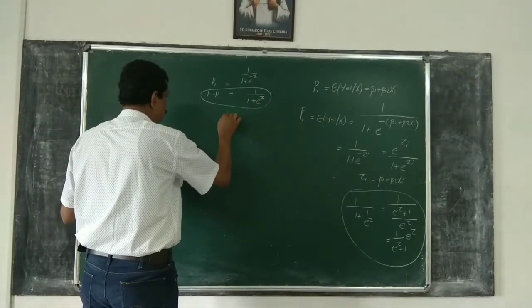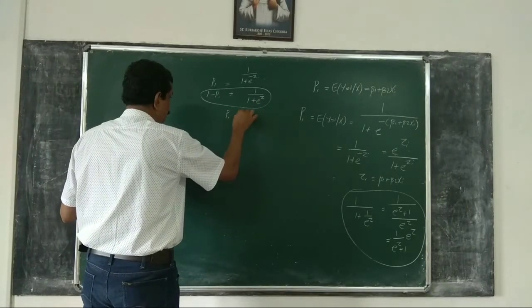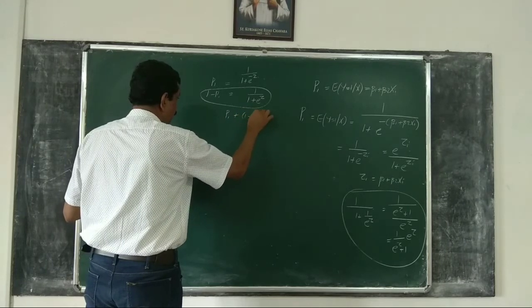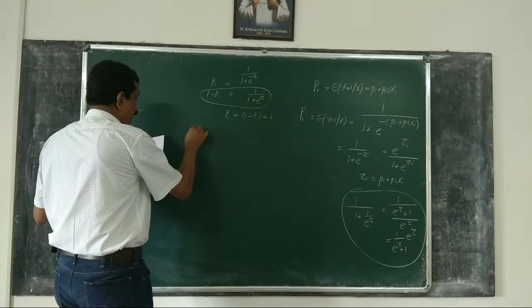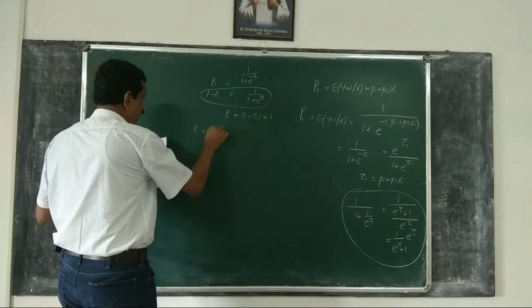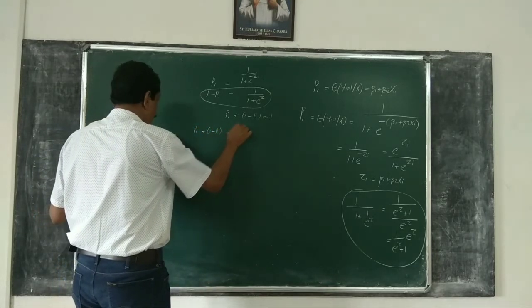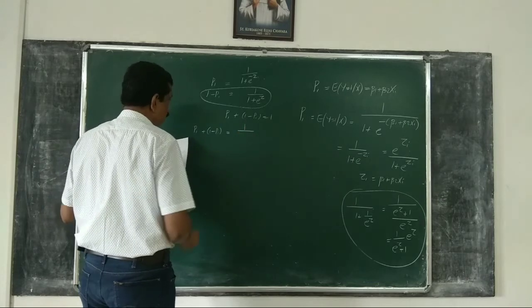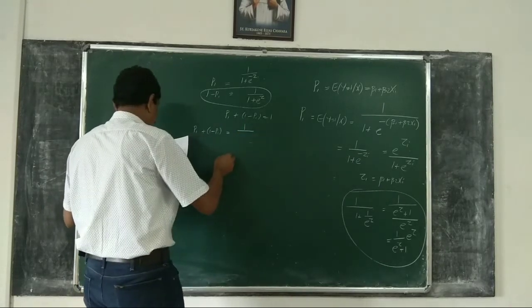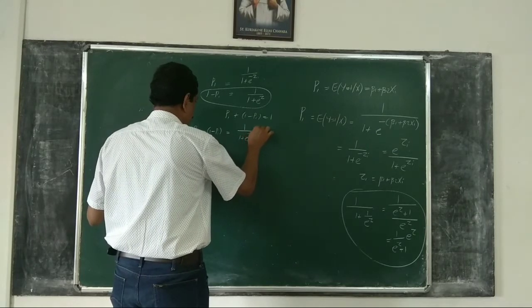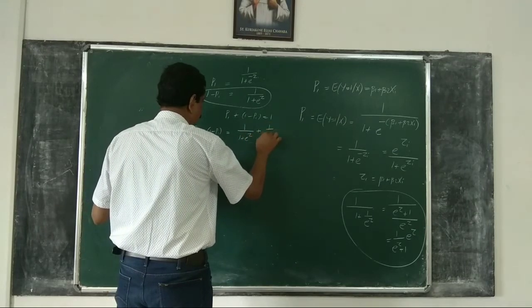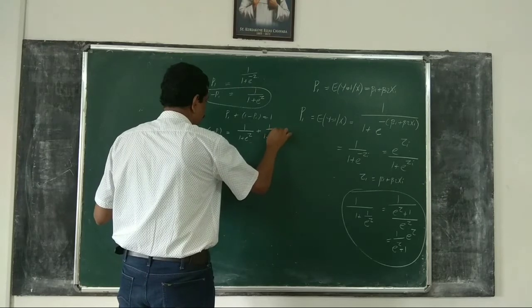We know that Pi plus 1 minus Pi is equal to 1. So Pi plus 1 minus Pi is equal to 1 by 1 plus e raised to z plus 1 by 1 plus e raised to minus z.